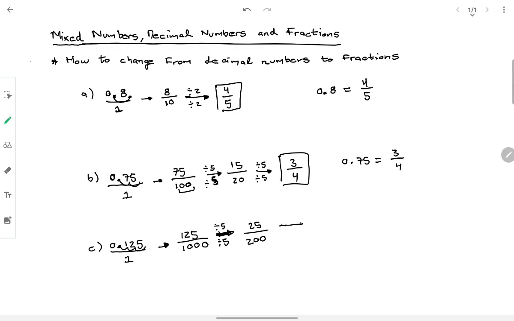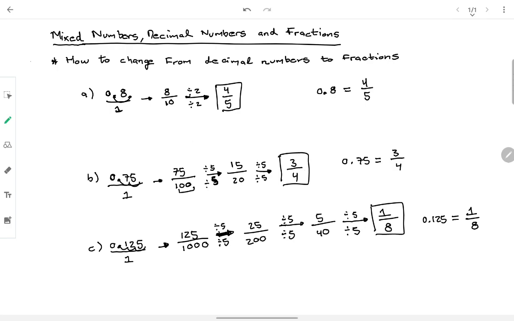We can also divide this by 5. That will give us 5 on the top part, 40 in the bottom part, and we can also divide it now by 5. That will give us 1/8. This is the most simplified fraction, so we can say that 0.125 is the same as 1/8.